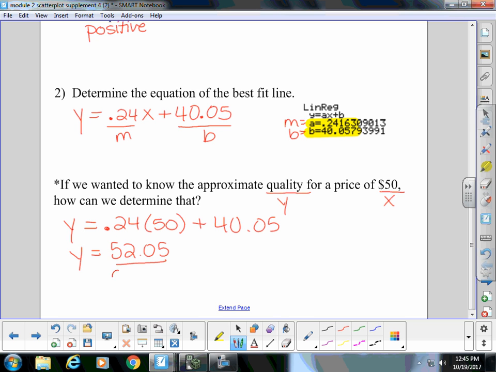And that would be my quality rating for shoes that cost $50. And remember, 100 is the best quality, so that's only about half of the quality for shoes that cost $50.